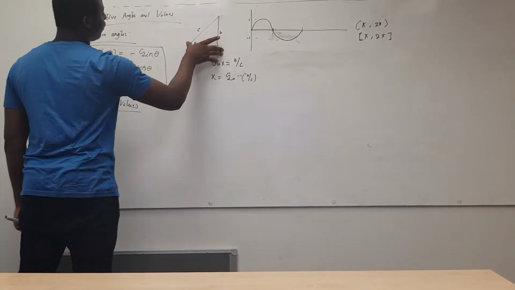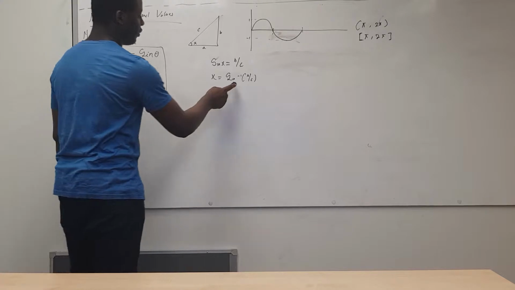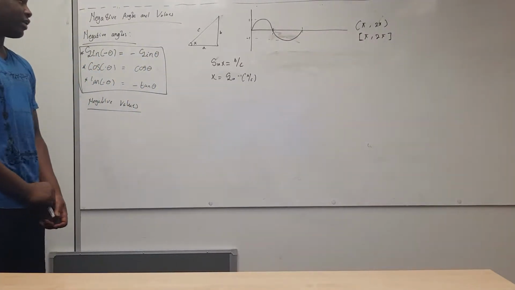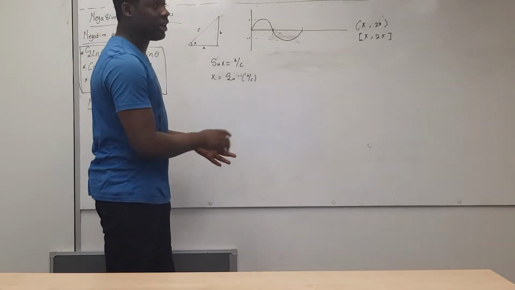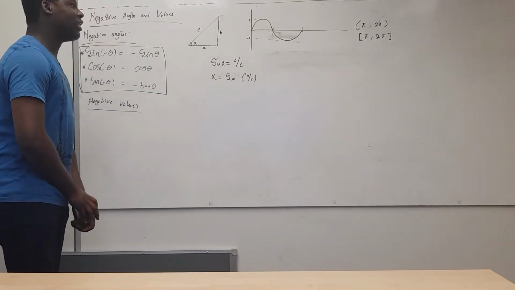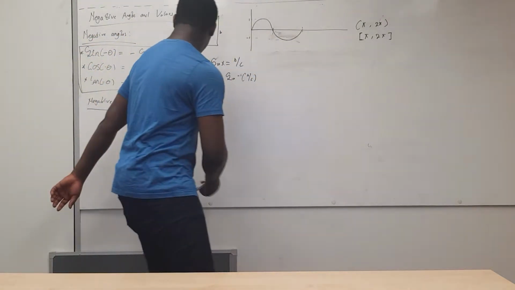So ignoring the triangle for a while. B divided by c is clearly a positive number, but let's ignore the triangle, because the length of a triangle can't be negative, and I'm trying to explain negative values.